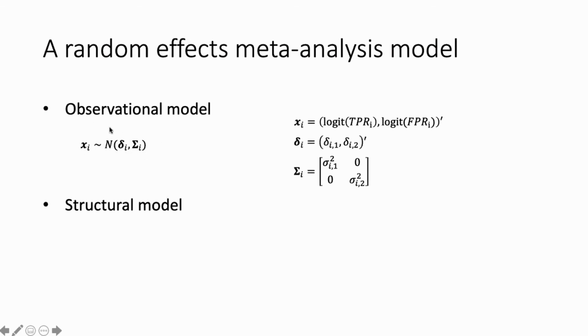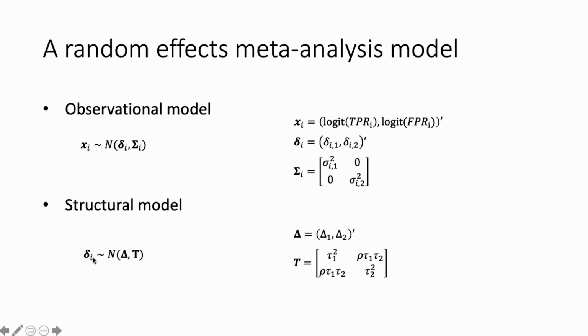And this observational model connects observations to latent quantities, to the true effects that we have in each one of these studies. It is then a structural model that describes how the true effects within each one of these studies relate across studies, so how they are distributed across studies.